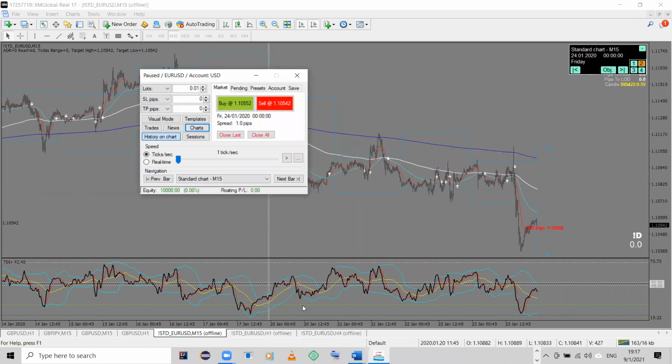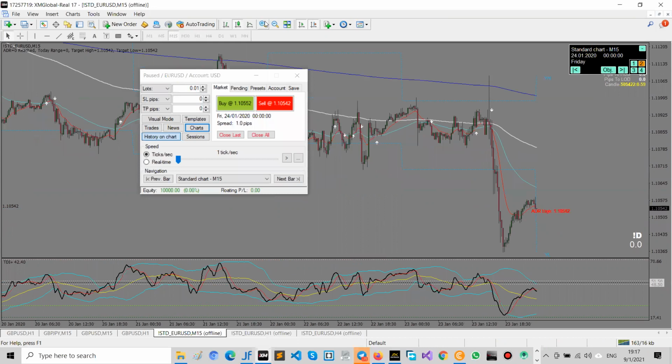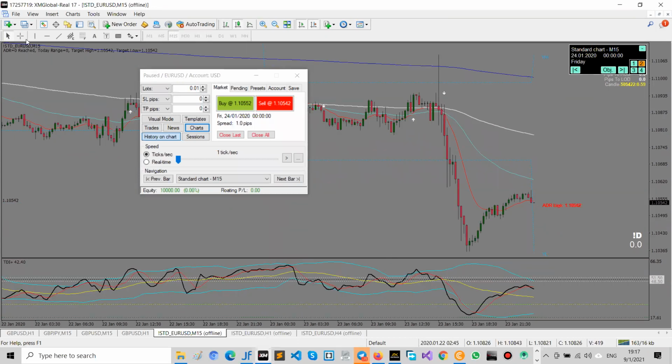So this is M15. So right now here where price is, let me show you. This is 23 January 2020 at 11:45 according to my time zone here, and everything that happened afterwards is not yet showing.